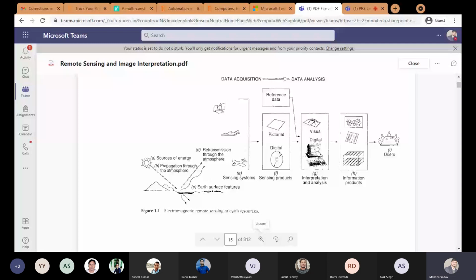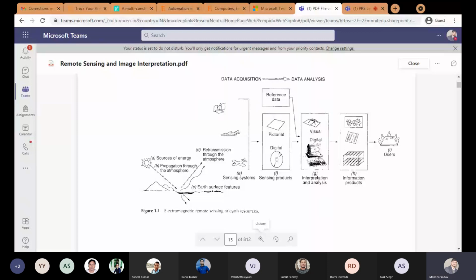Okay, so by using the flash, you don't need the external energy source like sunlight, and even you can collect the images at night. So if that flash is an internal energy source that is inbuilt with the camera, in this way it is categorized as an active remote sensing technique.